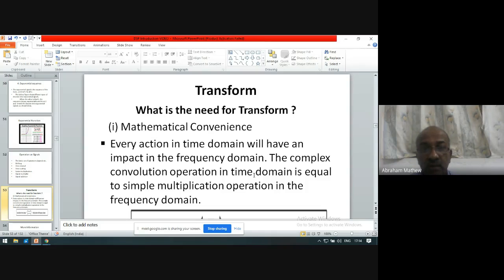Then we will move on to Z transform. What is the need for transform? Or why we have to apply transform in a particular situation? The answer for this question is, first one is for mathematical convenience.